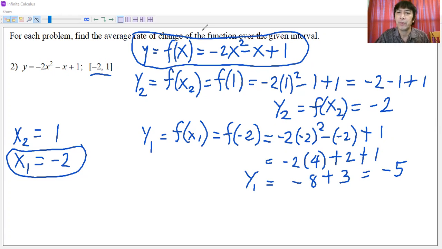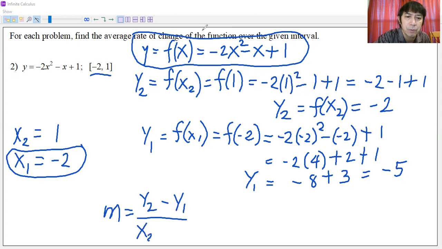We're now ready to solve our m, the average rate of change. So m is equal to y2 minus y1 over x2 minus x1.